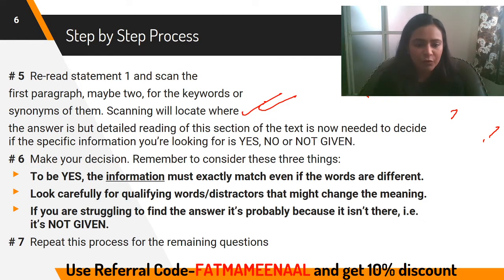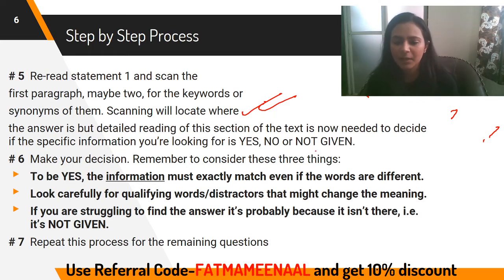Right? So you're not trying to understand each and every line, but you're just being careful about whether there's something that relatively means the same. Yeah? So you're not worrying about reading everything, and it's not at all necessary, guys, to understand each and every word. Please do not get panicky if there are a couple of words which you are not getting. You don't have to worry about it.